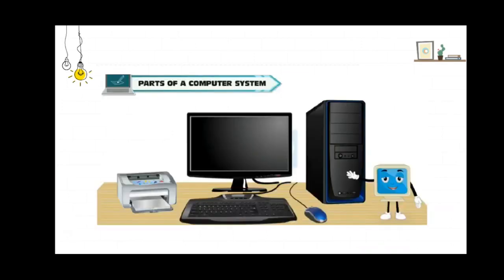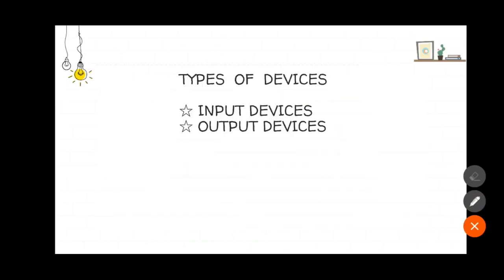The different parts of a computer have separate functions, but they all work together to complete a task. A computer system consists of two types of devices: input devices and output devices.